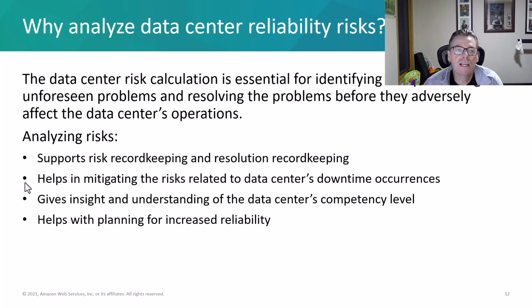Why do we want to do analysis on our reliability risks? So we're going to analyze the risk to support record keeping and resolution record keeping. How quickly did we resolve these problems? It's going to help us to mitigate the risk of data center downtime. Most of all though, I like the third bullet point. It gives us insight and understanding into the data center's competency level.